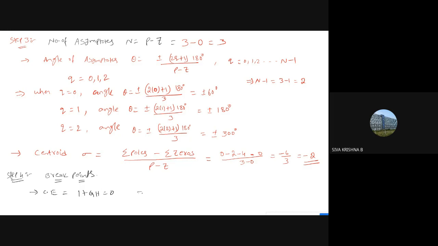First find the closed loop transfer function. Assume unity feedback because H of s is 1. What is given G of s? K by s into (s plus 2) into (s plus 4). By 1 plus GH.